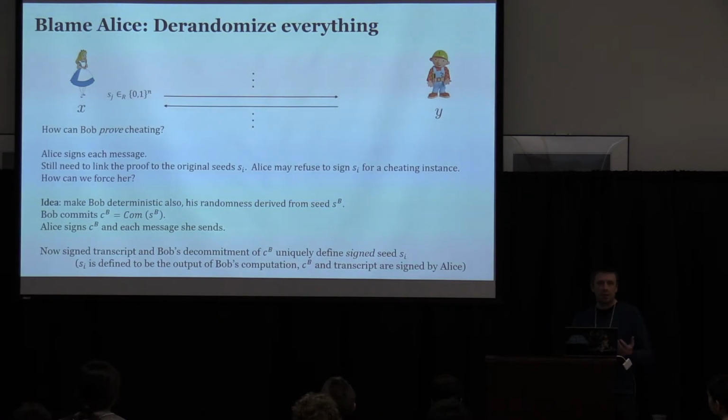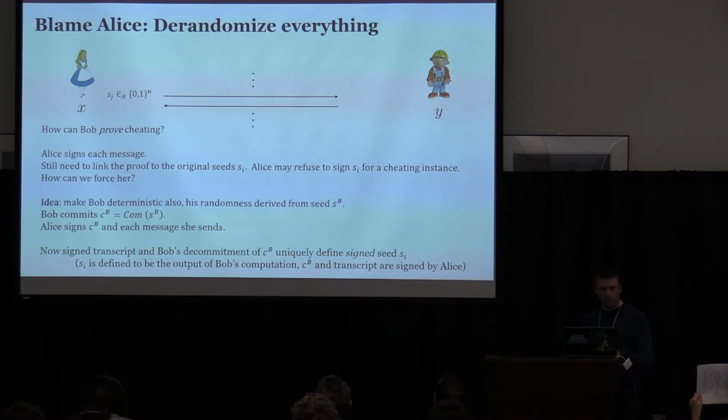If Bob in real life was able to output something as the output of OT, the verifier, given Bob's randomness, can repeat that and obtain that same output. And everything is signed by Alice because Alice did sign Bob's seed in the beginning. So this is the main finalization trick.